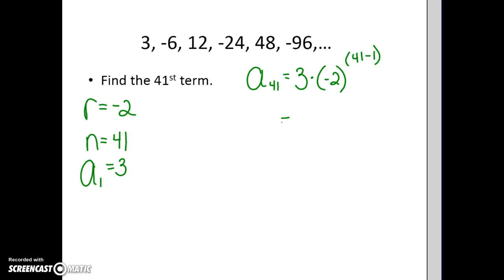I know that 41 minus 1 is 40. So I put this in my calculator. And this time I'm expecting to get a positive large number, is my guess.